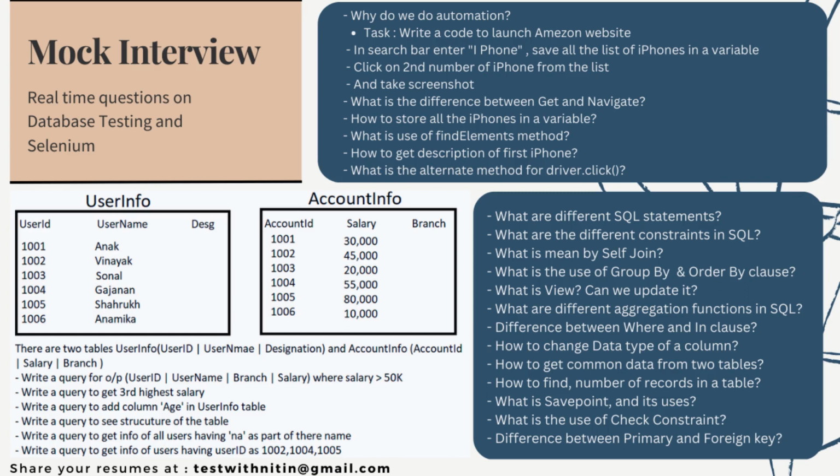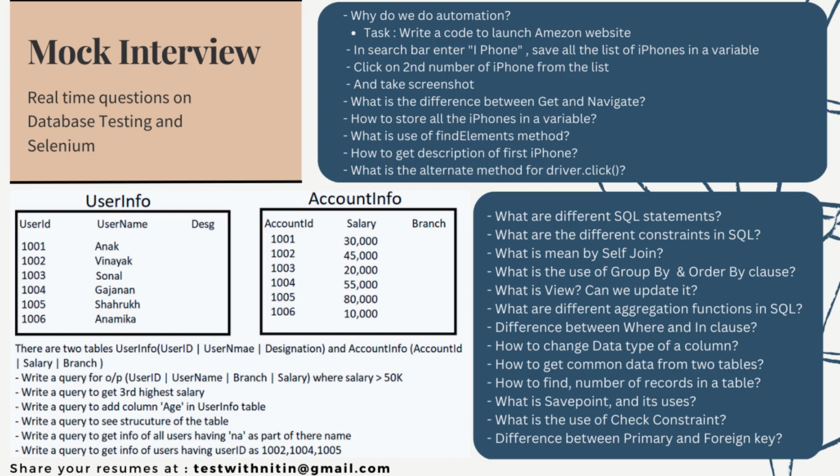Yes, sir. Okay. Now let us say in the user info table we are having 5 records, having user IDs 1001, 1002, 1003, 1004, and 1005. Now I want the records of 1002, 1004, and 1005.